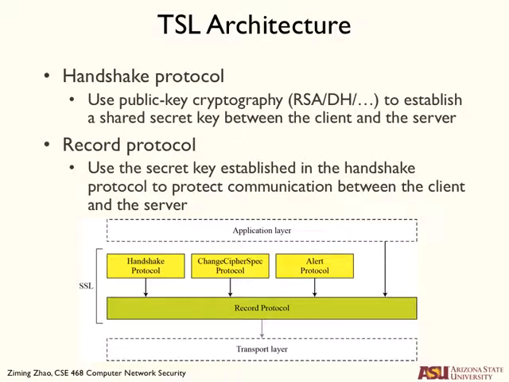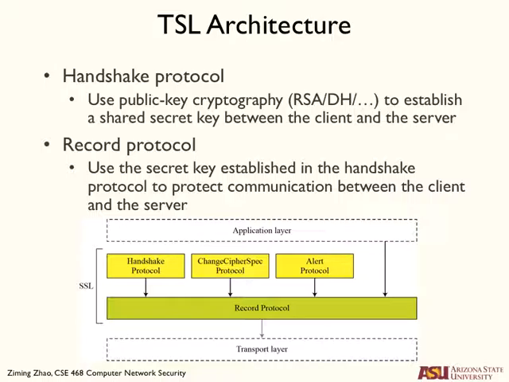In this TLS architecture, we actually have 4 protocols. We have a record protocol, which will use the secret key established in the handshake protocol to protect communications between the client and server.